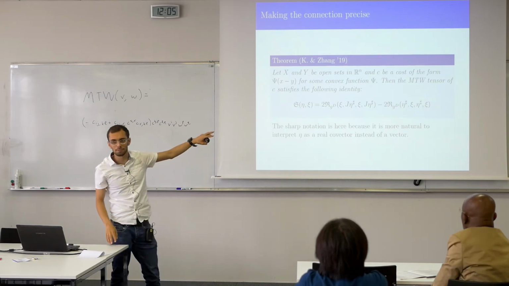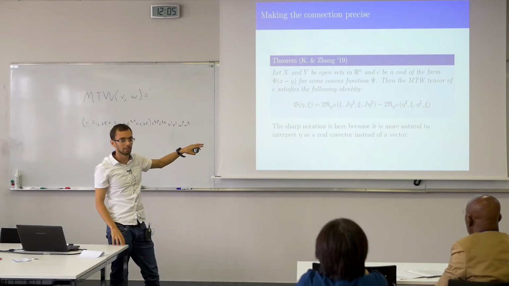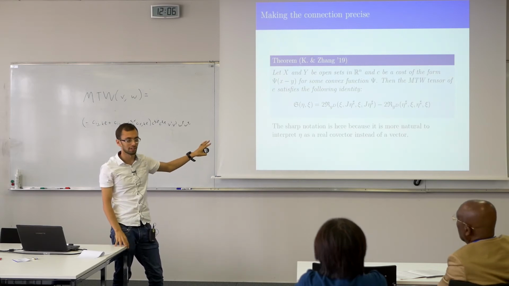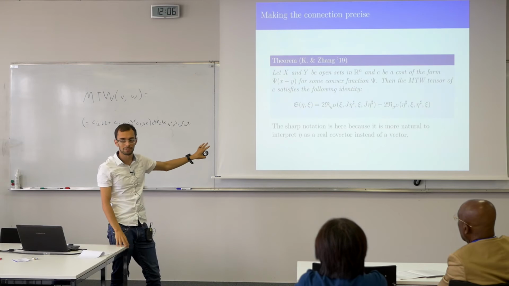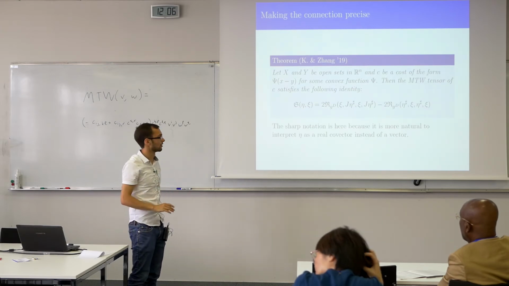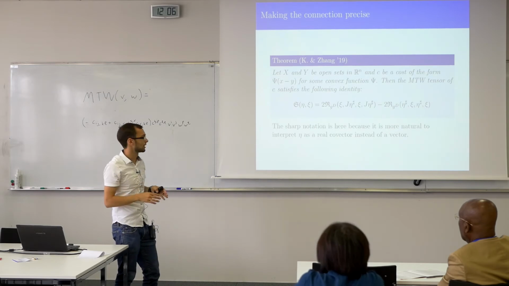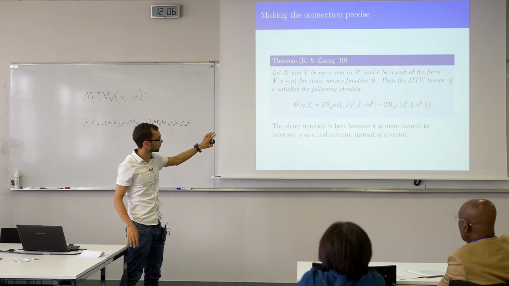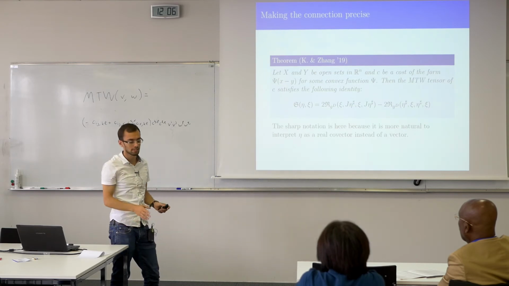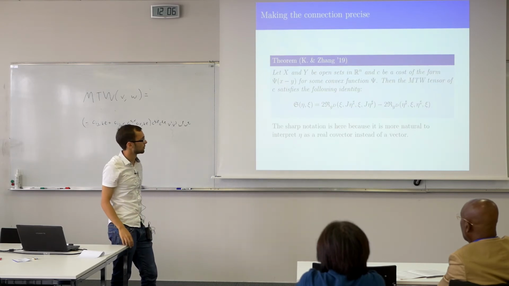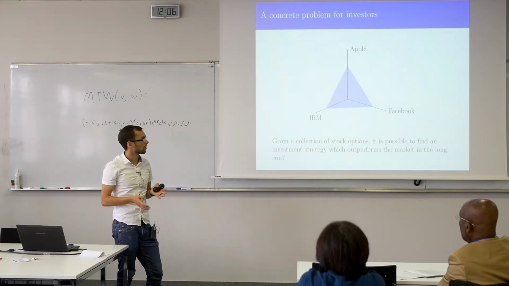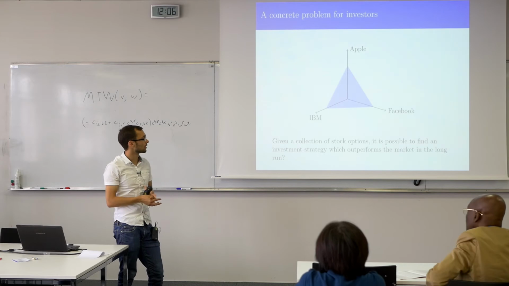And I have these sharps here because we should really think of eta as being a covector, not a vector. To make this precise, it's better to put sharps, but that's just a technical detail. The key thing to keep in mind is that the MTW tensor and the curvature of this Sasaki metric are deeply related.